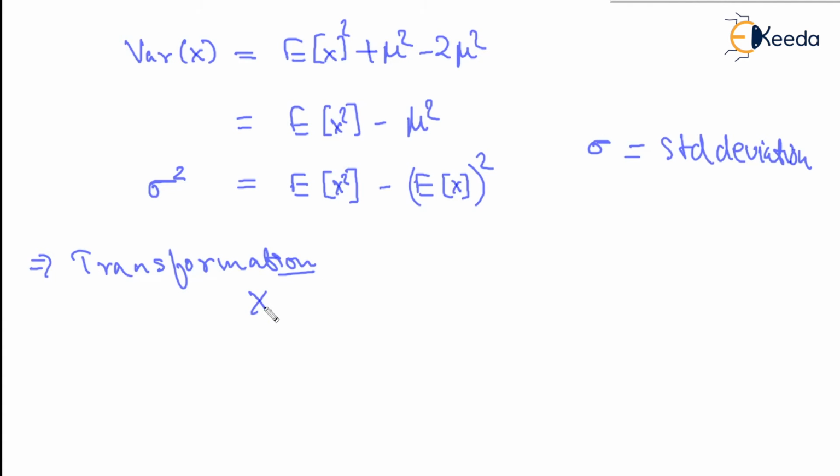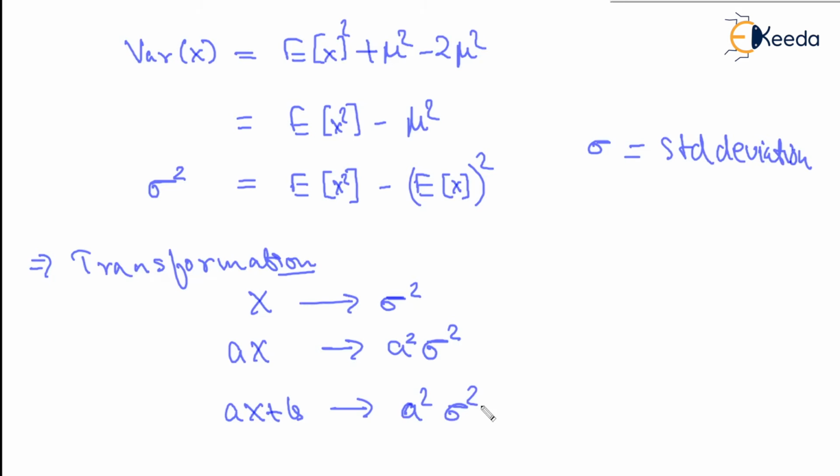If for x we have the variance to be sigma square, then the transformation a times x will give a square times sigma square, and the ax plus b transformation will still give the variance as a square times sigma square. So adding a constant to the variable doesn't change the variance, but scaling the variable changes the variance by an order of 2, a square.